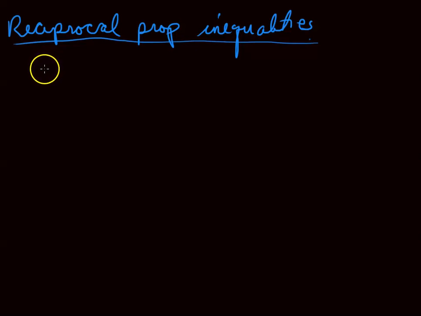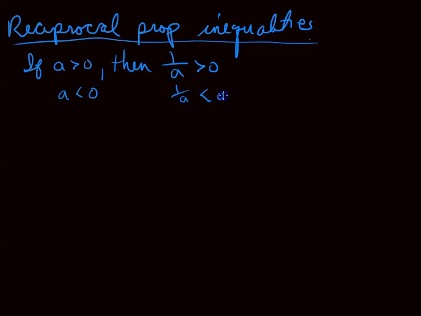Multiplying or dividing by a negative changes the direction, but everything else seems to be okay. So if A is positive, greater than 0, then its reciprocal, 1 over A, is also positive. If A is negative, then 1 over A is negative.